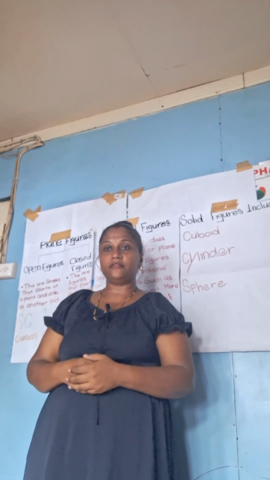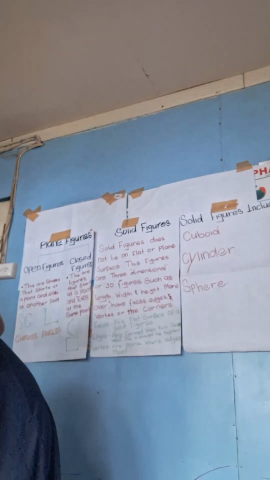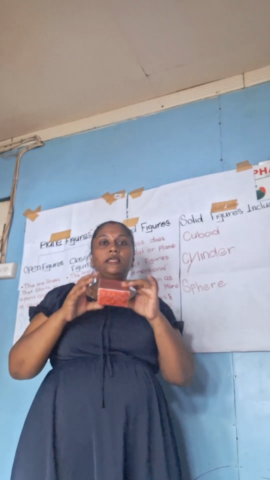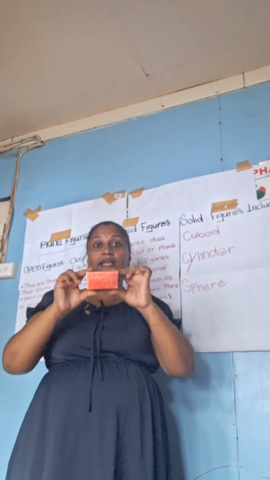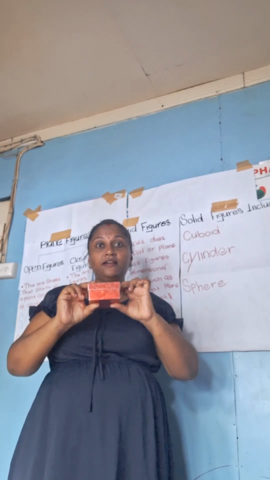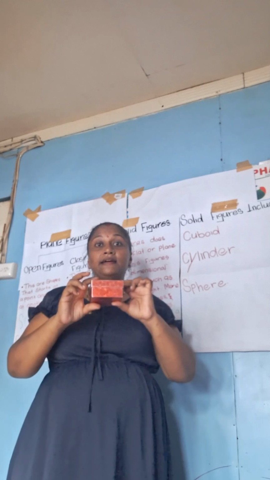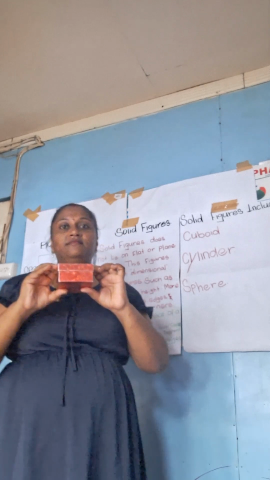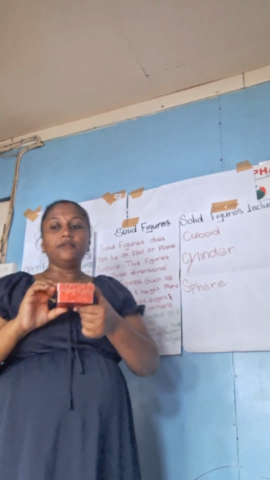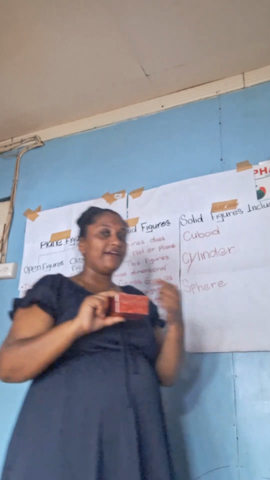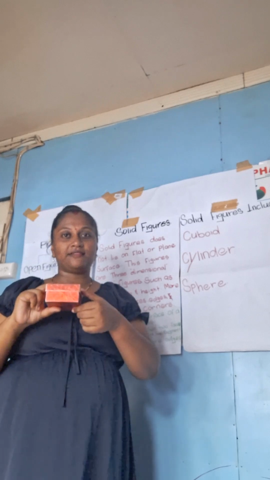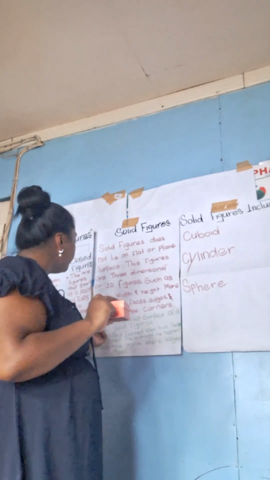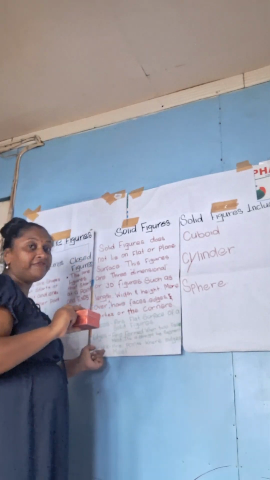A cuboid, for example, a gift box. It is known as a solid figure, and it is a cuboid. Now, as I have said, it has length, height and width. And also faces, edges and vertices.